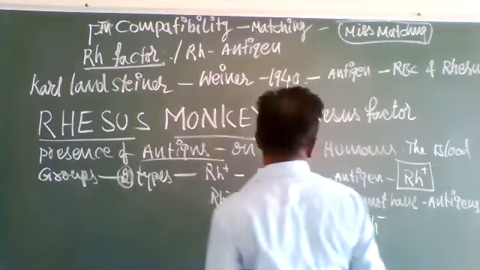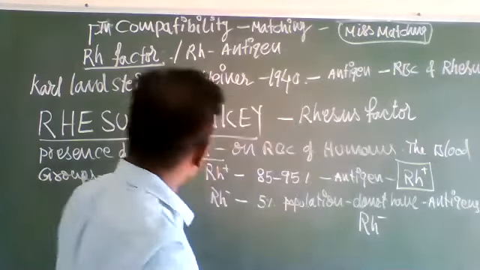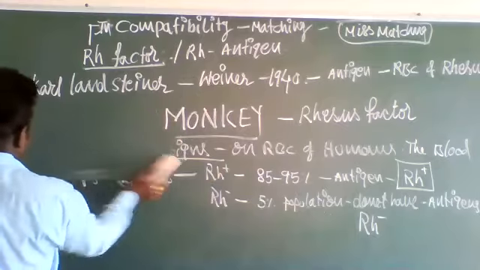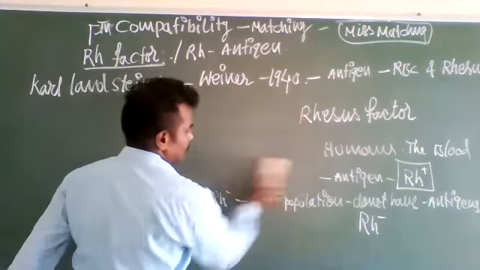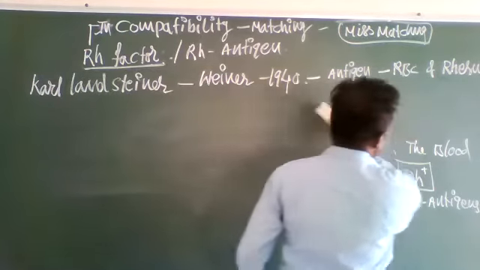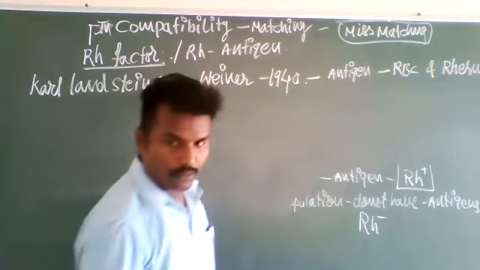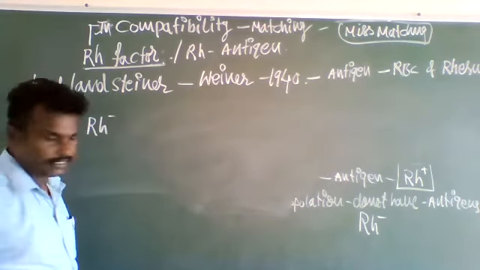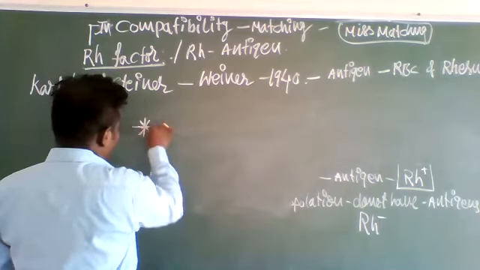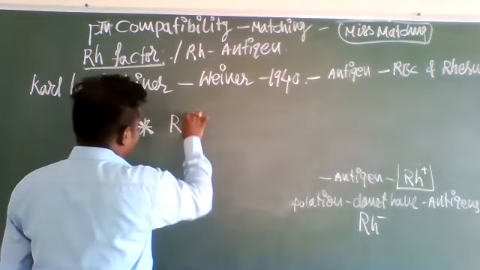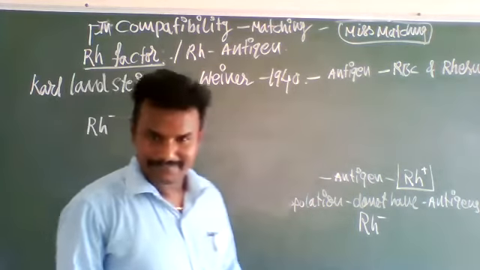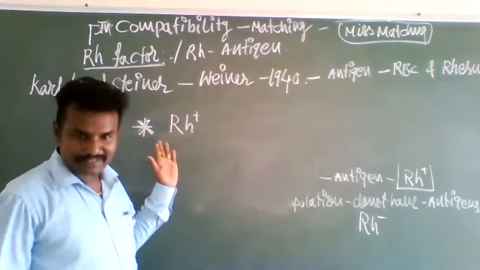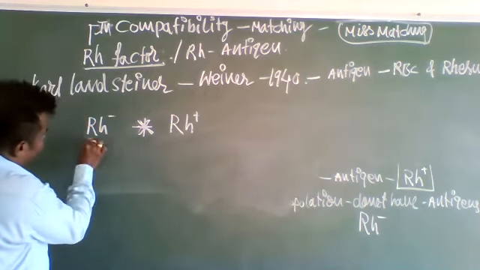For example, if an Rh negative person's blood is exposed to Rh positive, it is mismatching, incompatible.